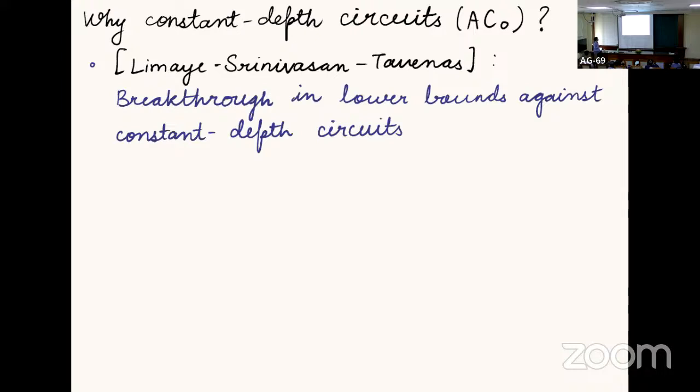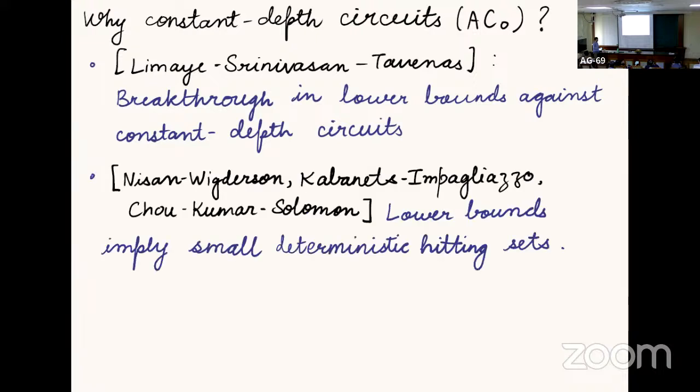A recent breakthrough by Limaye, Srinivasan, and Tavenas gave us super-polynomial lower bounds against constant depth circuits, which means, by work of Chou-Kumar-Solomon, that these sorts of bounds give you small deterministic hitting sets.